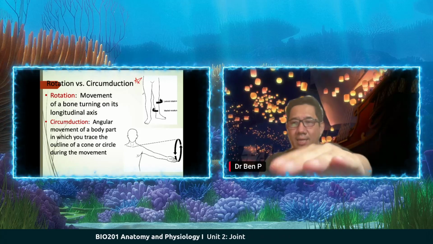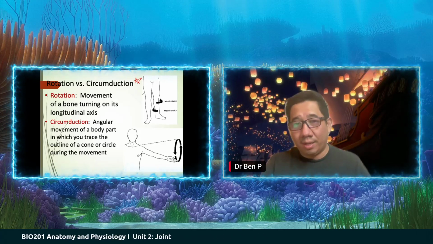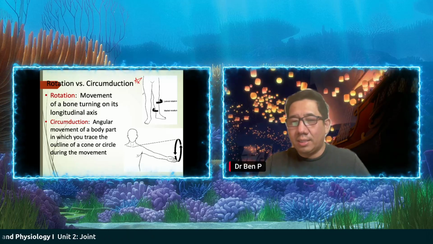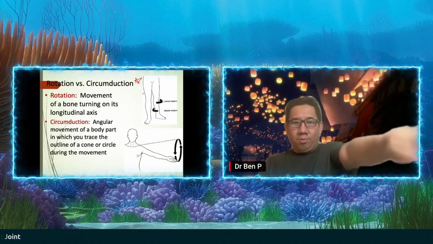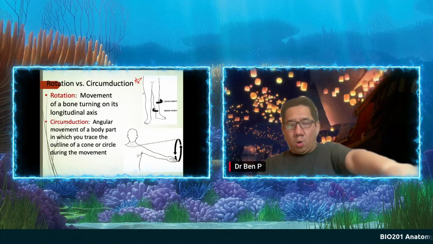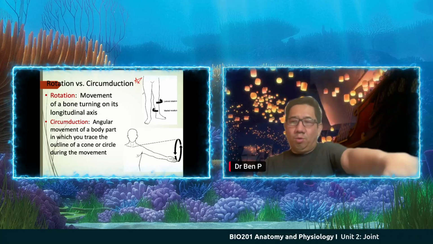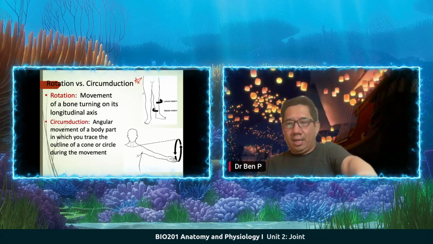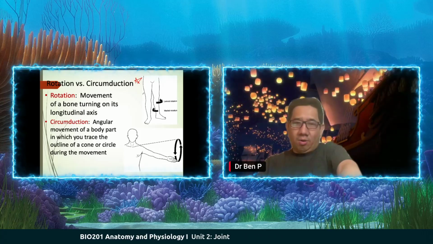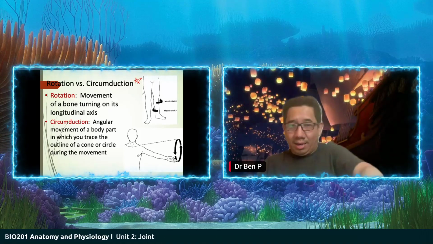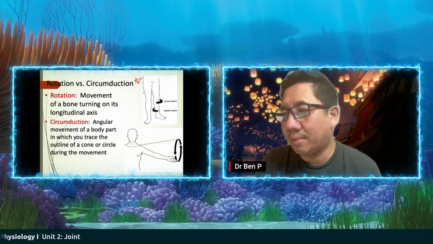That's rotation. Whereas circumduction is basically you making a circle, drawing an O. You're making an angular movement of your body, tracing a cone, a circle, an O, or an ellipse. That's called circumduction.